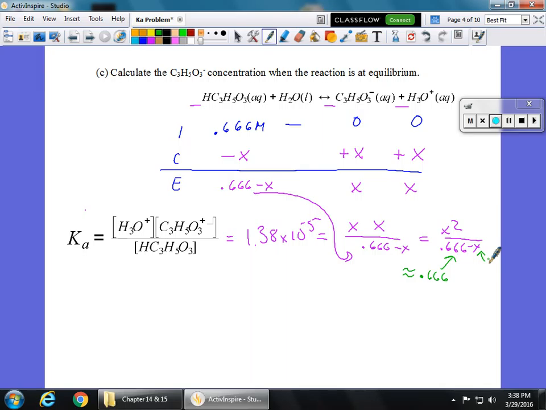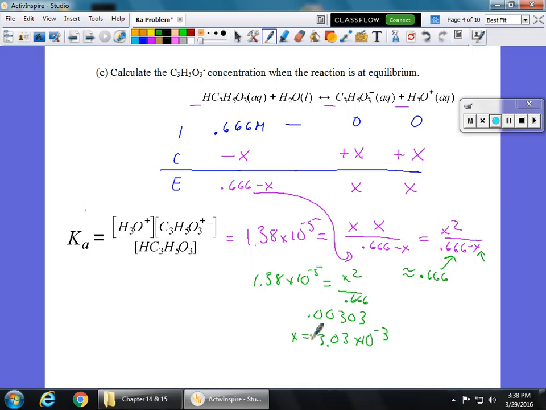And so we set that to 0, so we're going to get 1.38 times 10 to the negative 5th equals x squared over 0.666. And you're going to solve for x. When you do that, you come out with a number of 0.00303, which is 3.03 times 10 to the negative third. That is going to be your x value.